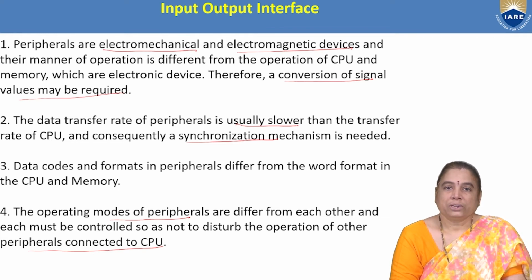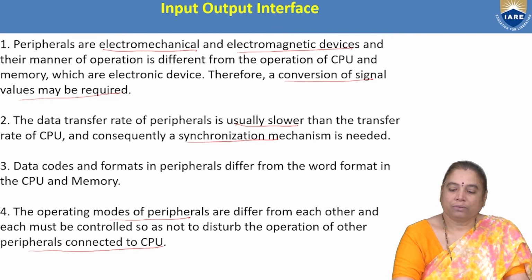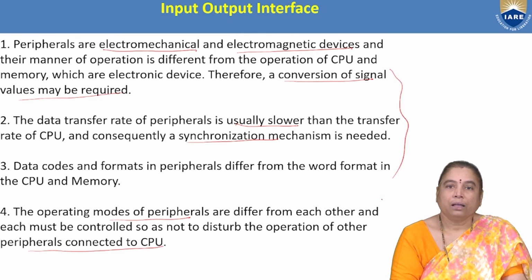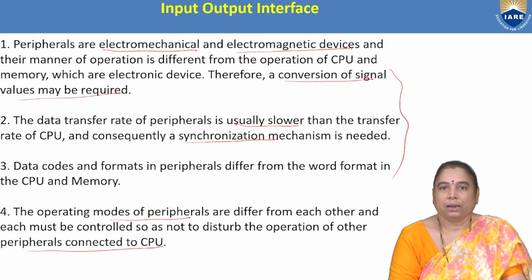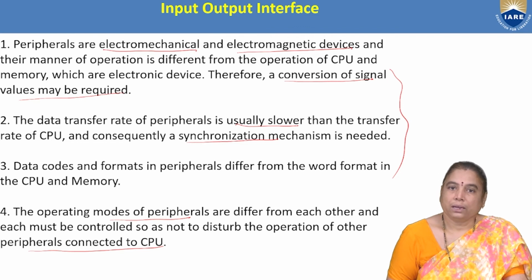This establishes the interface mechanism in order to compensate for these four mismatches between the input-output device and the CPU. So to resolve these issues, the interface is needed and is placed between the input-output devices and the CPU. So an interface for each and every individual input-output device is required.